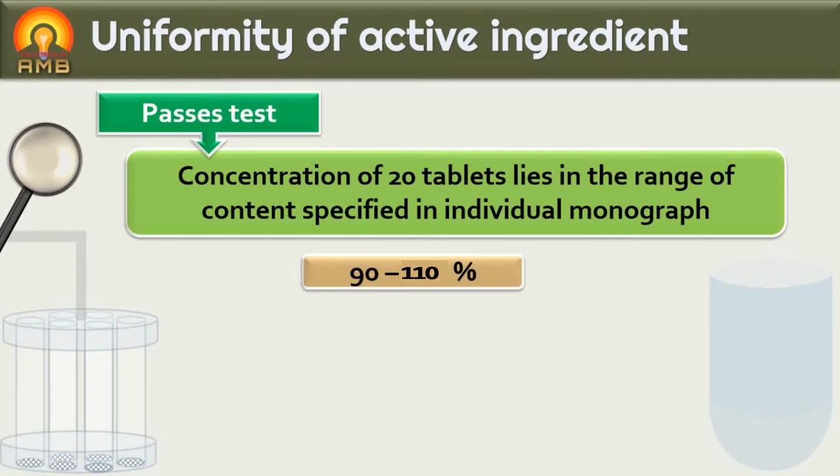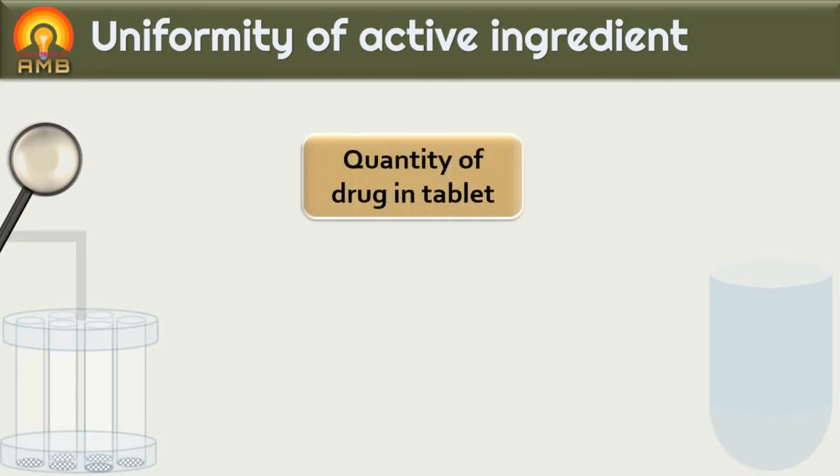Let's discuss this with an example. A batch of tablets has a concentration or quantity of drug present in a tablet of 500 mg, and the range of the content specified in the monograph is 90% to 110%.